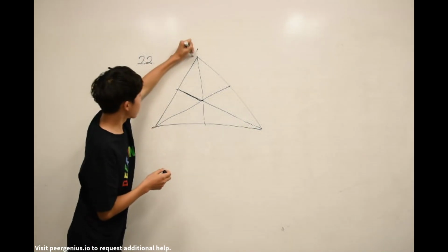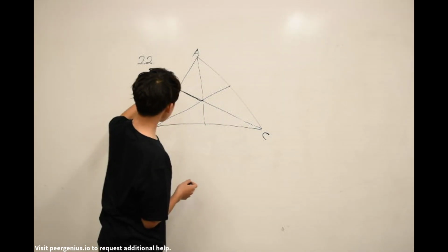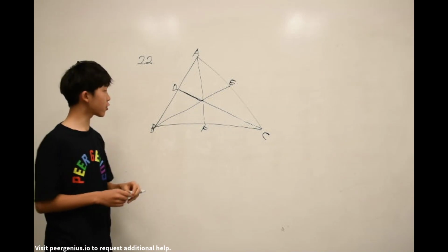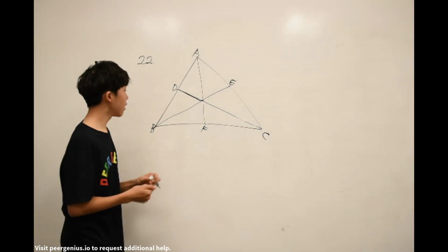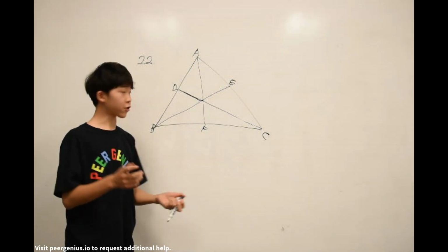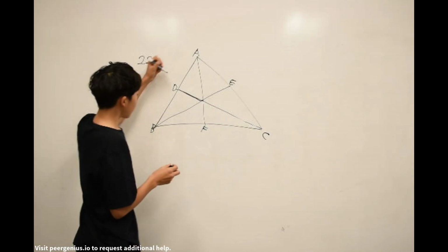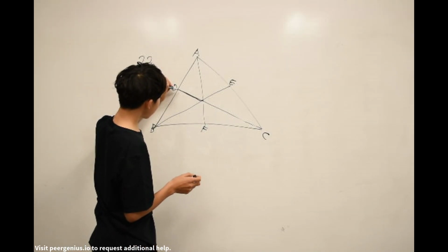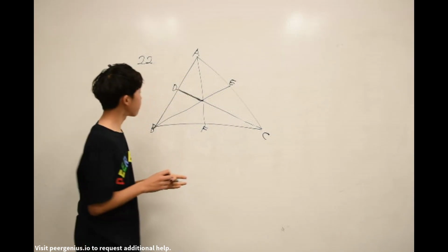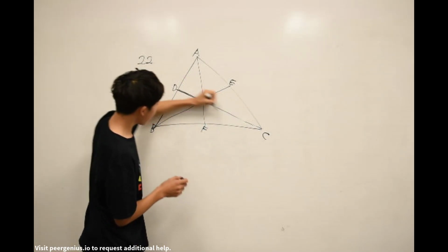Let's just label it B, C, D, E, F. So we're trying to construct a triangle using the three medians. Now, instead of finding the area of that triangle, we're first going to scale it down. Take this triangle side length, and this is 1/3 of this side length.